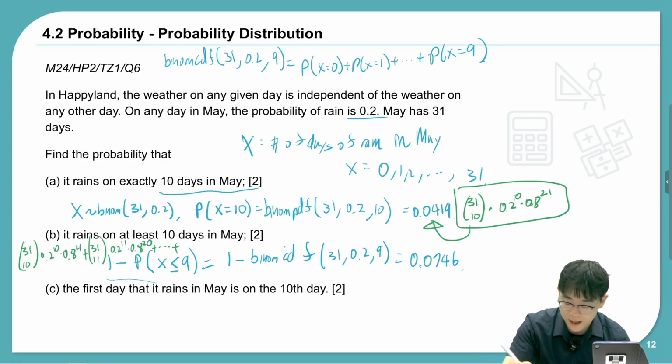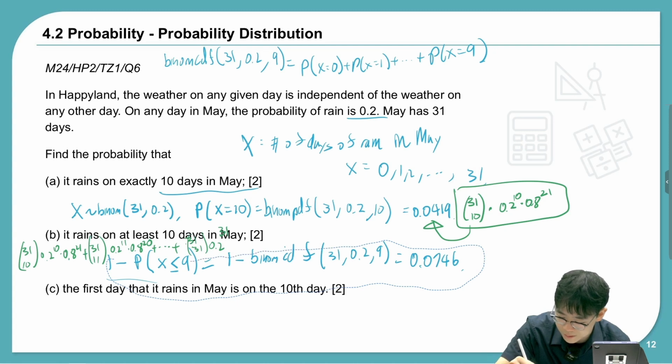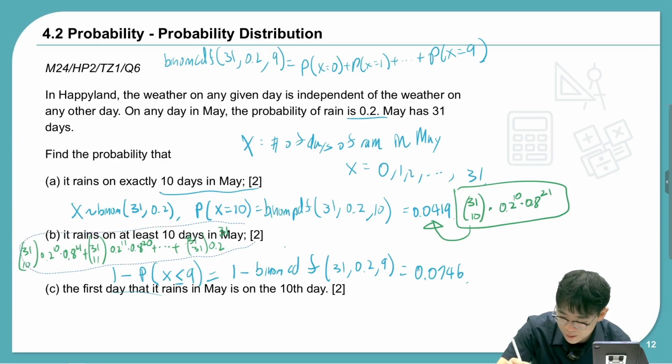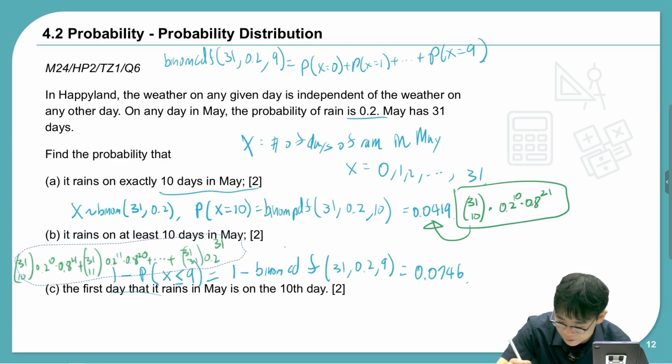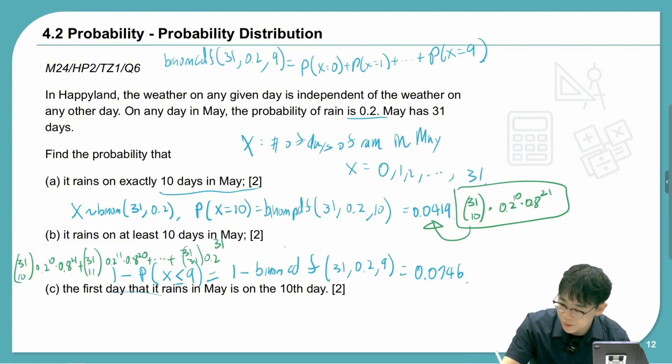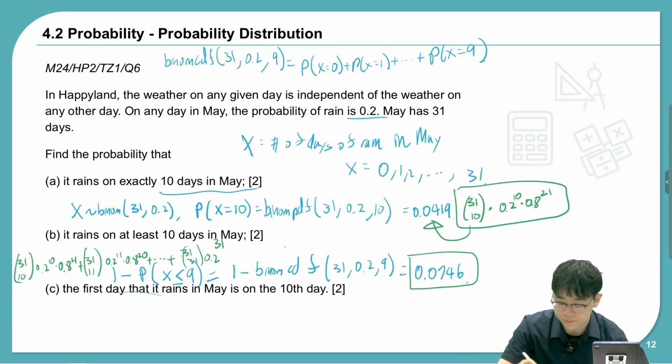And we'd have to keep on adding this until we got 31 choose 31, 0.2 to the power of 31, right? That would mean all 31 days are raining. So doing this algebraically or by hand would be brutal because there are just too many steps to enter. So the binom CDF function allows us to circumvent that process. Okay. So we get 0.0746 as a net probability there.